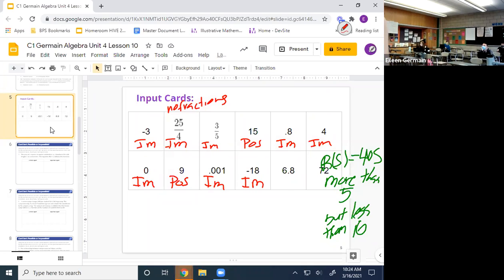No. No way, Jose. It's a no-go. Why? Can't have 0.8 of a person. I hope you see where we're going with this. 72. No way. Why? It's greater than 16. Good. It is greater than that 16 max capacity.